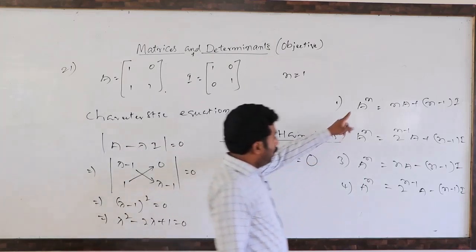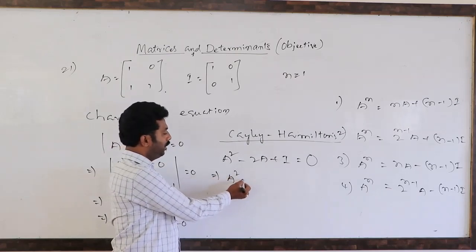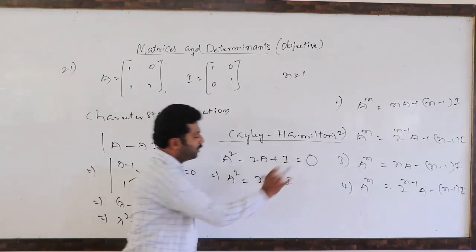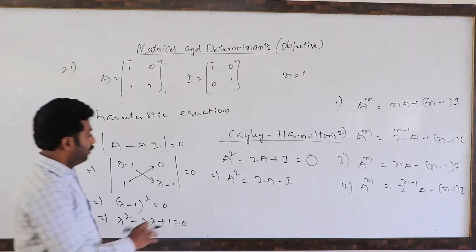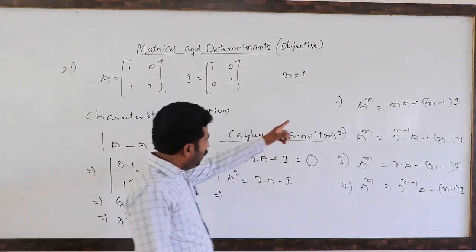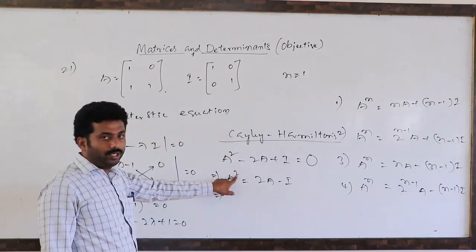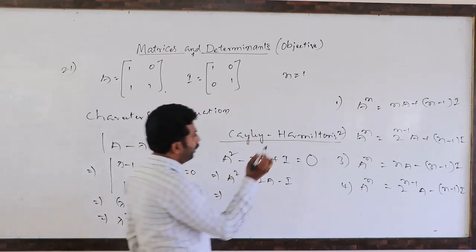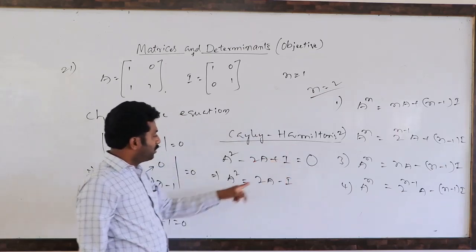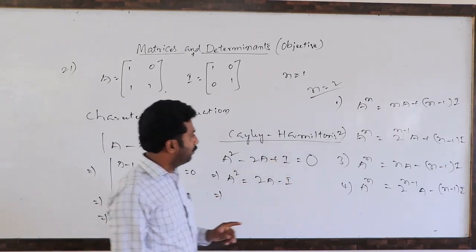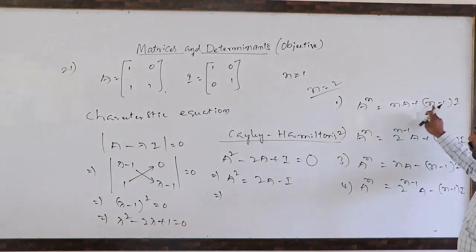So you observe the 4 options, A to the power n. We can write this equation as A square equal to 2A minus I. Among the options, if I substitute n equal to 2, which option will come like this? n equal to 2 means A square equals 2A minus I should come.